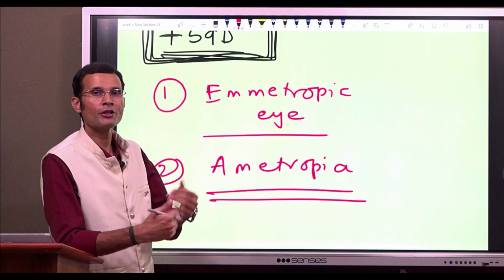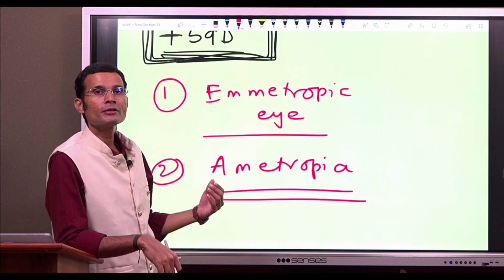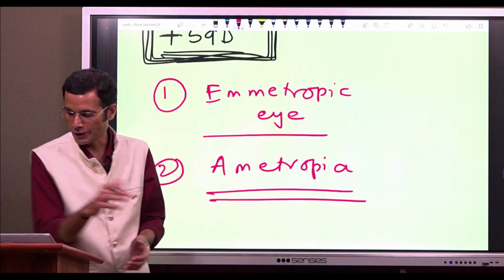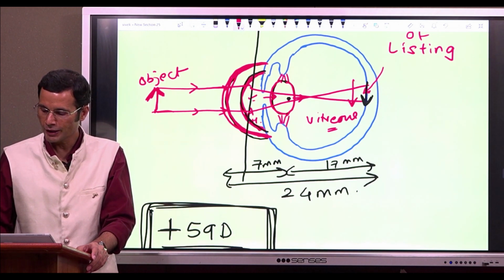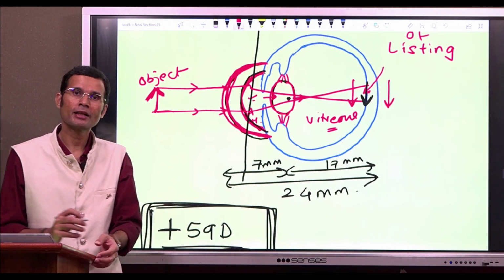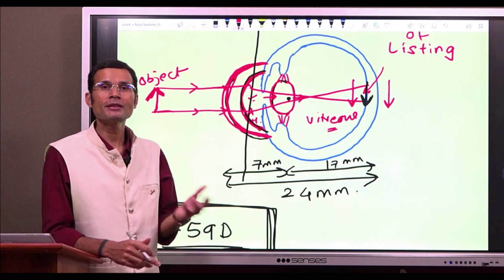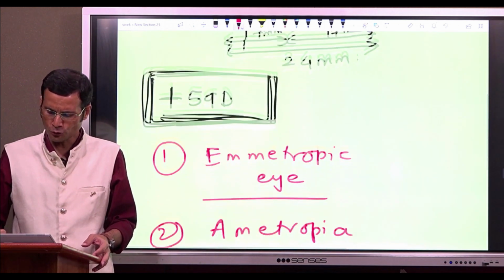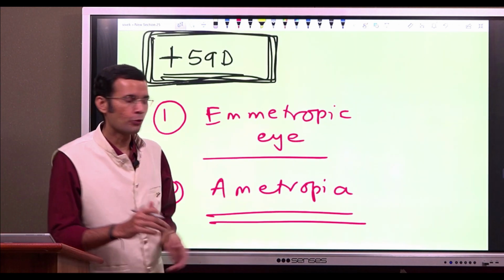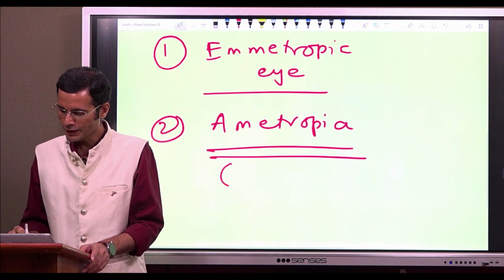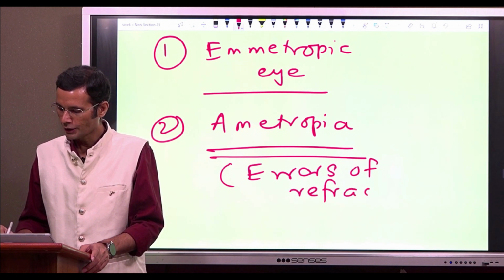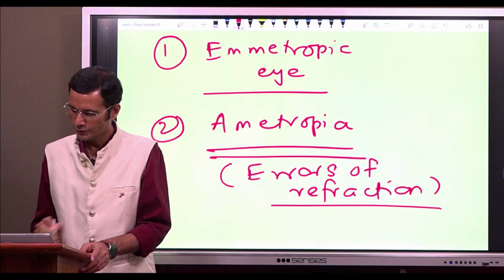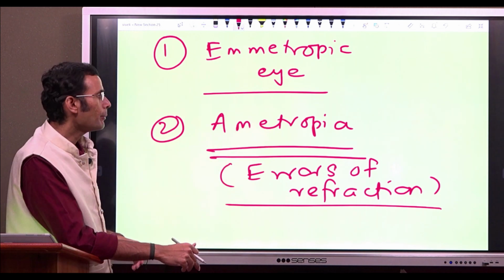Either it occurs in front of the retina or it occurs behind the retina, and therefore the object cannot be seen clearly. So, that will be called ametropia. Simply speaking, errors of refraction fall under this name called ametropia.